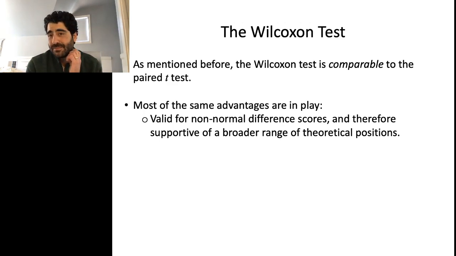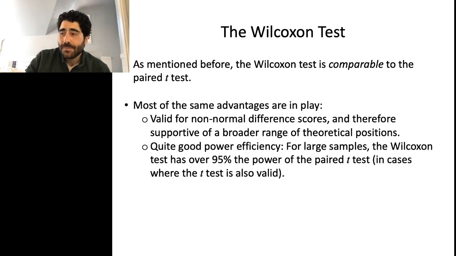So it could be that maybe some of our participants are going to have an enormous positive change. This test doesn't really care about that. We're only looking for whether the median change is 0 or not. We also don't suffer that much on power efficiency.